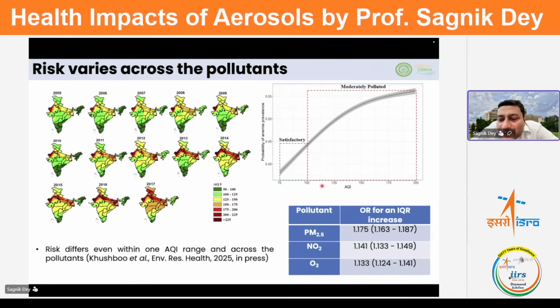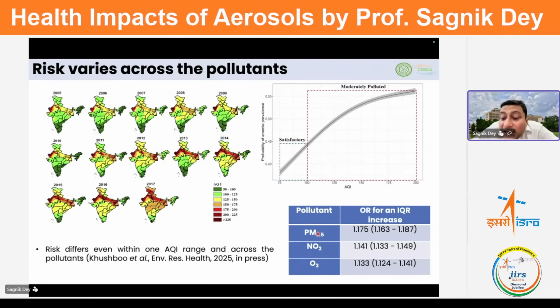That means people who are exposed to an AQI of, let's say, 125, versus people who are exposed to an AQI of 175 have different odds of having anemia. And similarly, we have now done two other health outcomes. We are getting very similar information of nonlinear increase of the risk. Even in what is dubbed as the satisfactory range of AQI, we are getting some health risk.